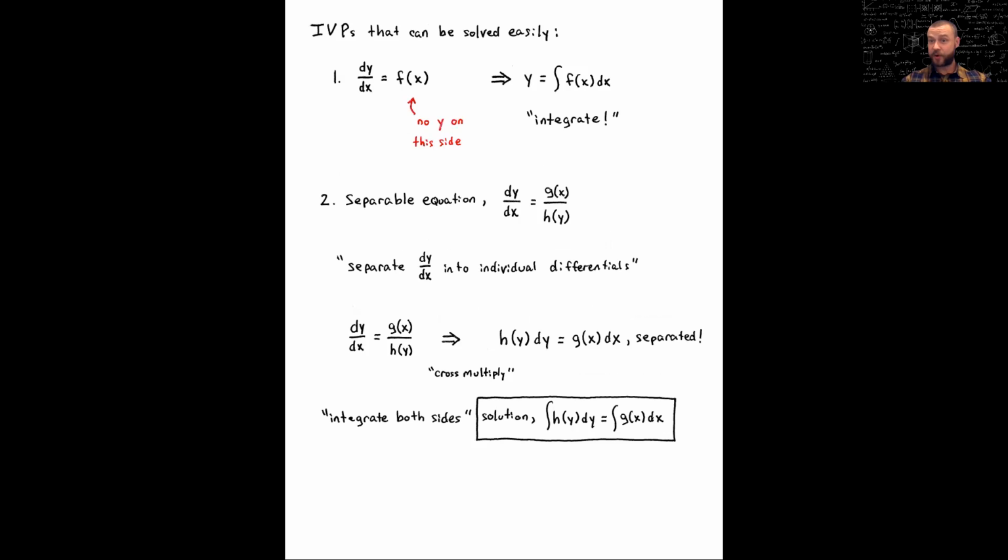We just have to integrate both sides. As it turns out, the integration could, as always, be difficult to carry out. Unlike the first example, which only requires integrating once, here to undo the derivative appropriately, we separate into individual differentials and then integrate both sides. All right, let's take a look at some examples.